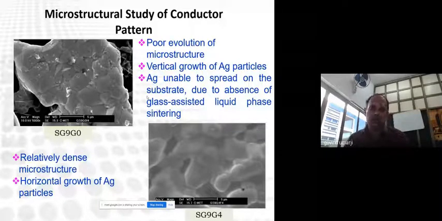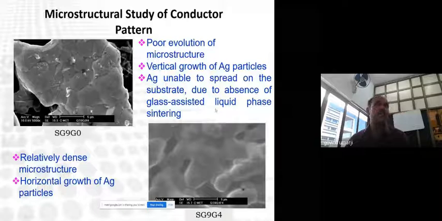There is no motion or movement of molten glass, so there is only vertical growth of Ag particles, and Ag is unable to spread on the substrate due to the absence of the glass-assisted liquid phase.